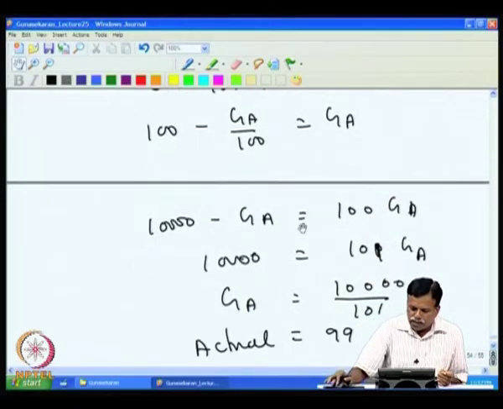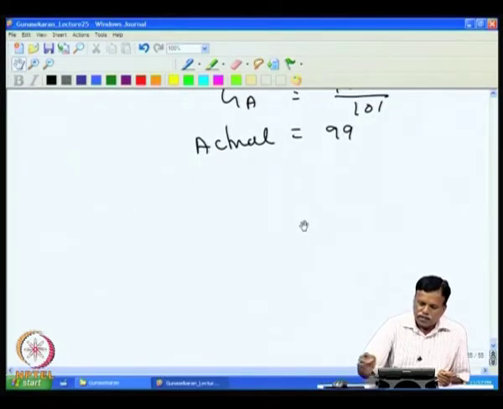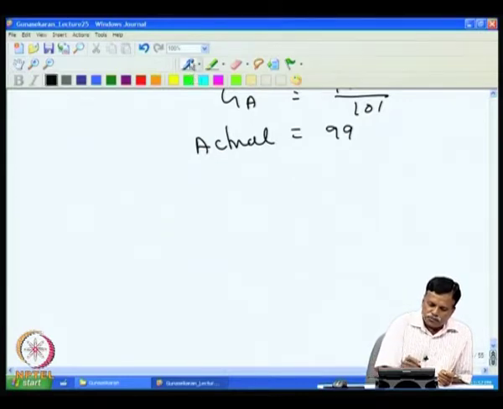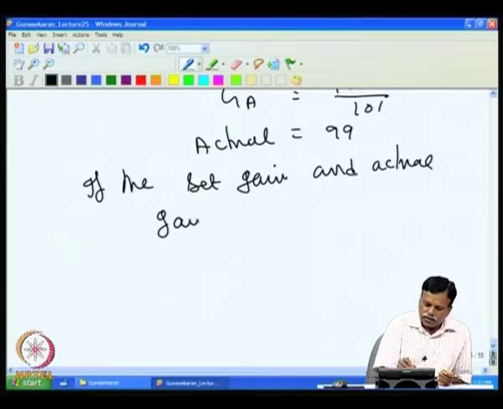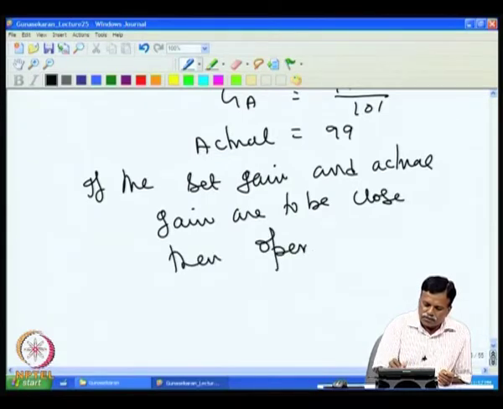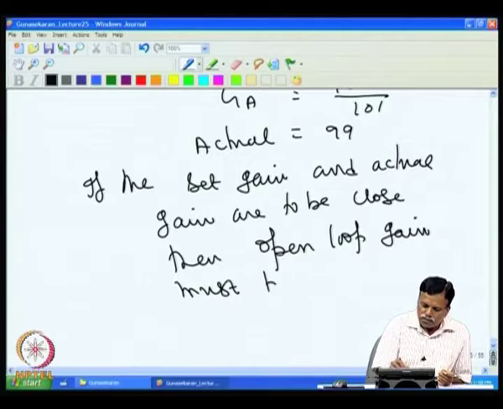So, if the gain has to be stable in the op amp, that means if the set gain and actual gain are to be close enough, then the open loop gain should be very large. Open loop gain must be very large.